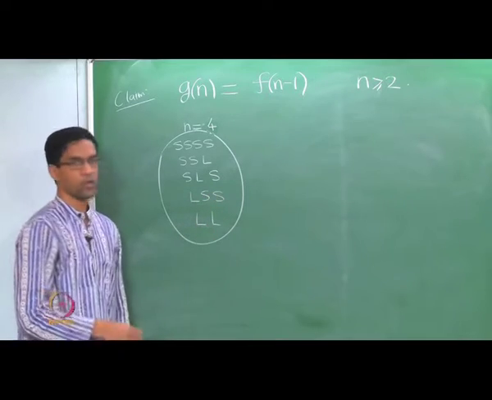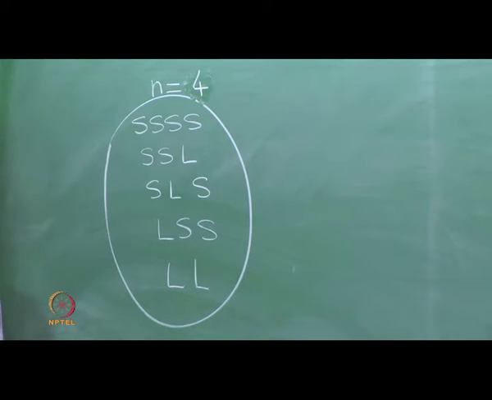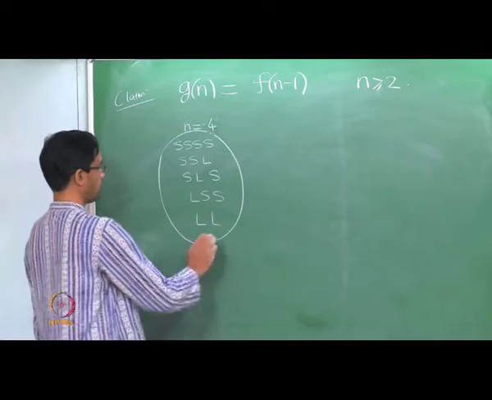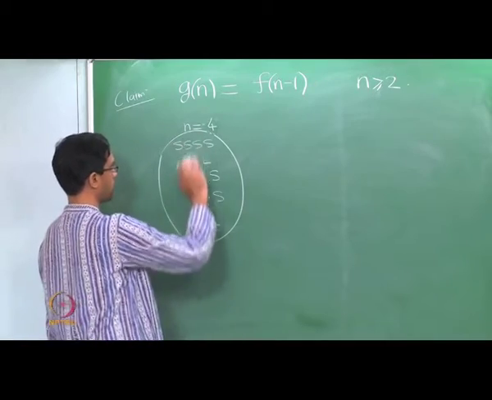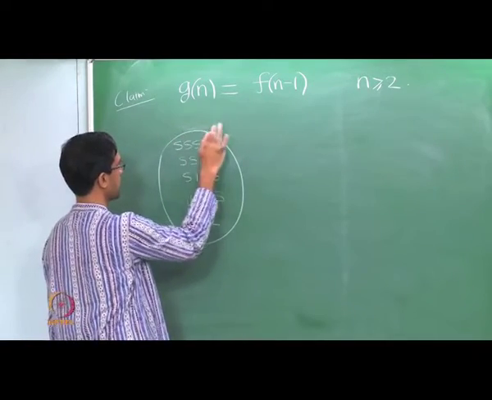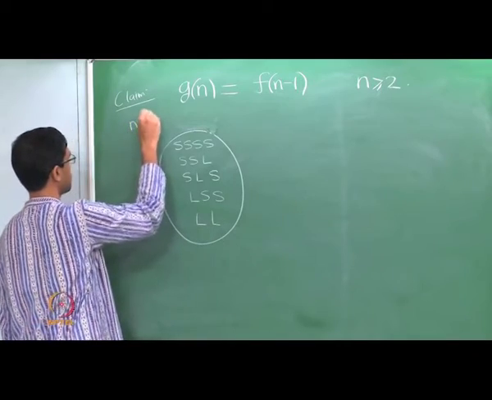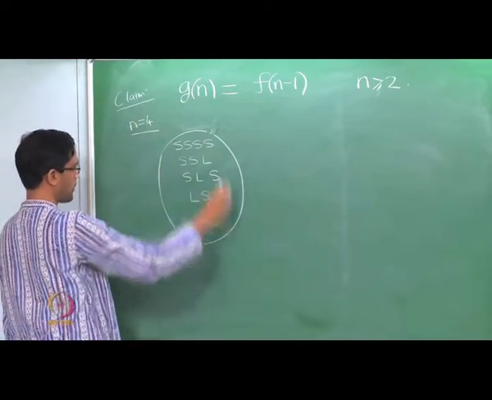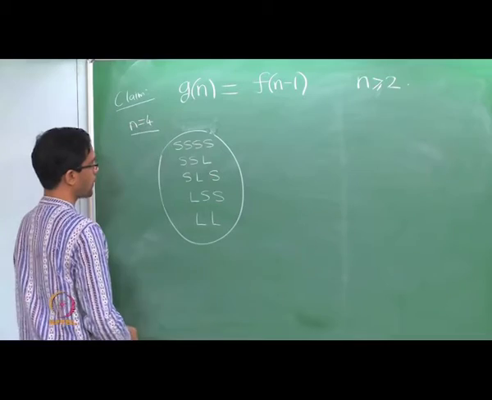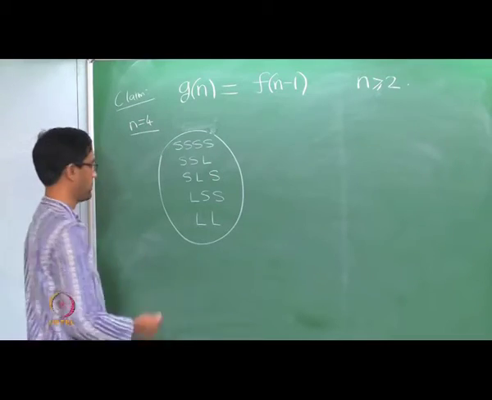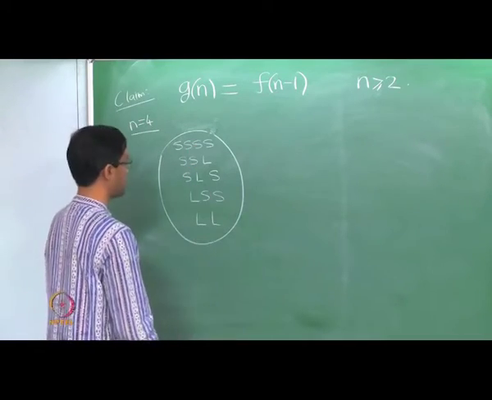Okay, so these are all the ways in which I can make up a total length 4 using just short and long strings. The number of allowed configurations of shorts and longs is counted by g of n. So g of 4 is 5 here.